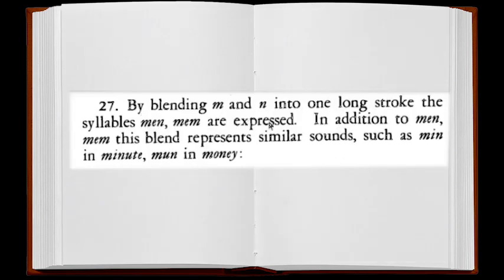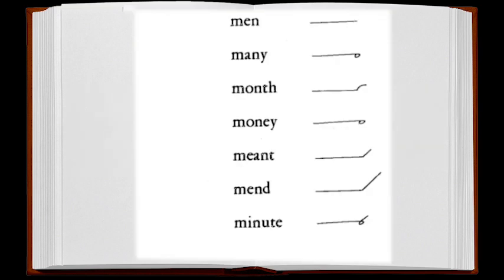By blending M and N into one long stroke, the syllables MEN, MEM are expressed. In addition to MEN, MEM, this blend represents similar sounds, such as MIN in minute, MUN in many. Let's review some of these.